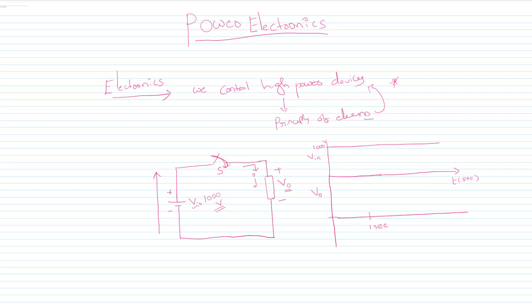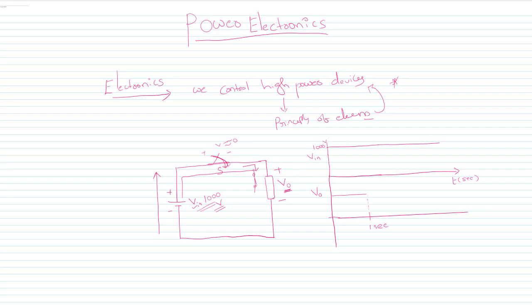When you close the switch, the circuit will be closed. Assuming the drop across this switch is approximately equal to 0, whatever the voltage is there, the complete 1000 volts will appear across the output.